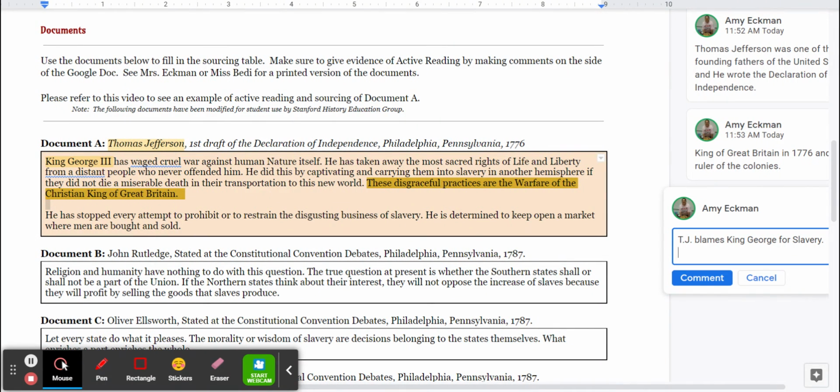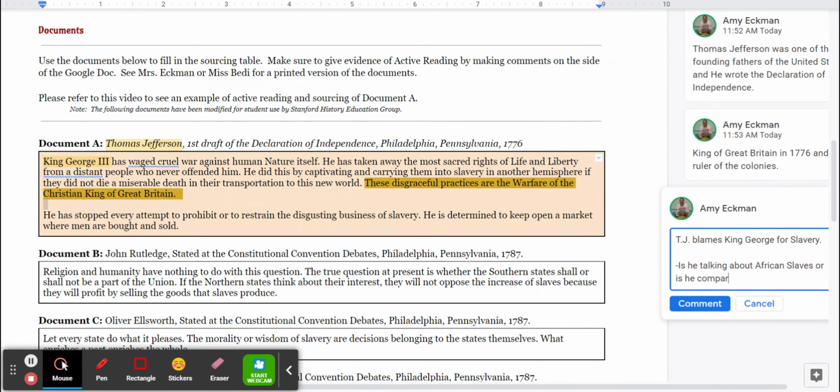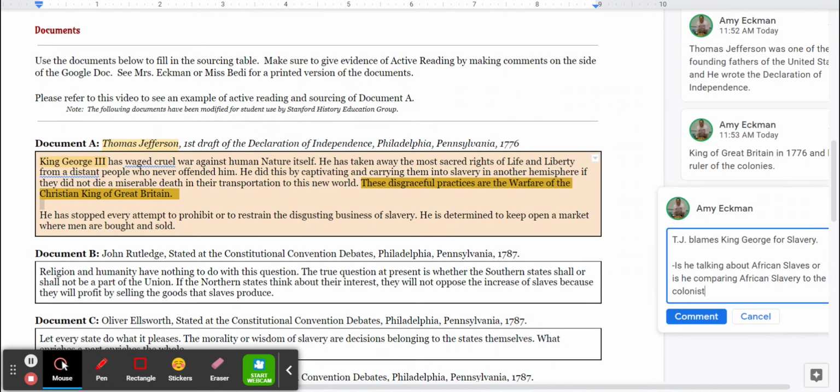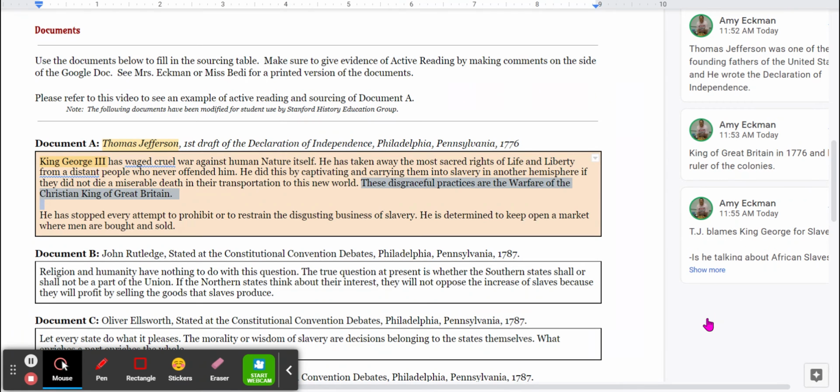And I have a thought here, though, and a question. Is he talking about African slaves, or is he comparing African slavery to the colonists' situation? It's a question that I'm just thinking right now. I don't have to answer it, but I'm putting it there to make sure that I understand my thoughts.